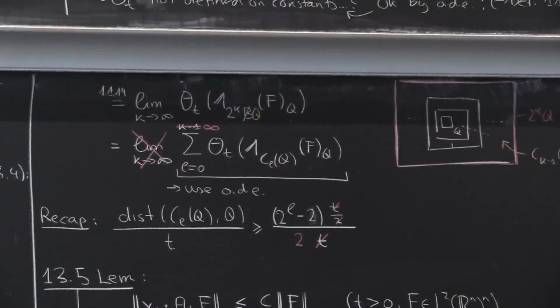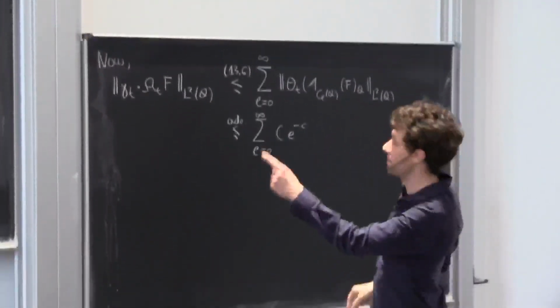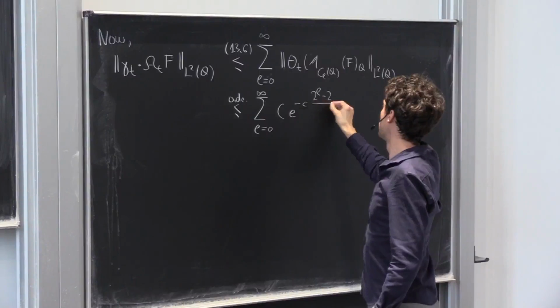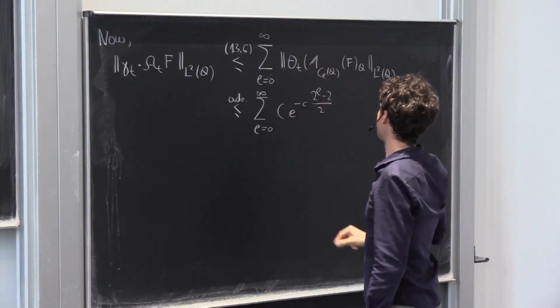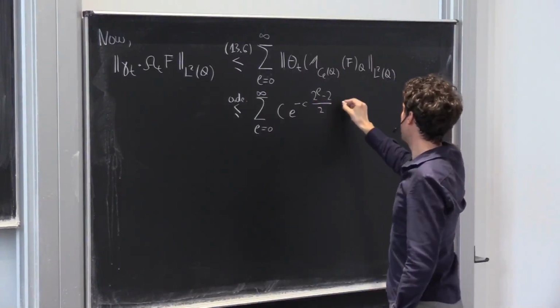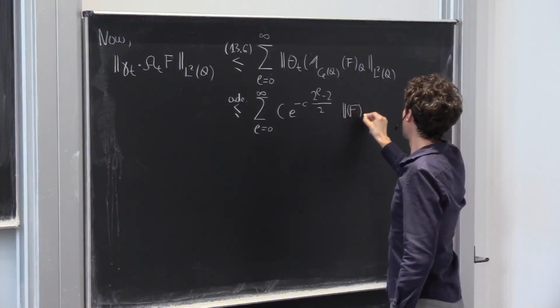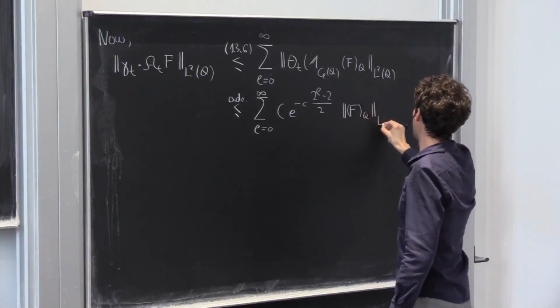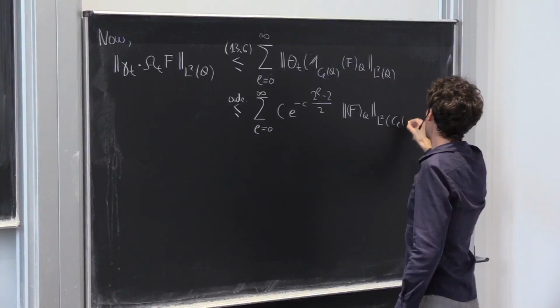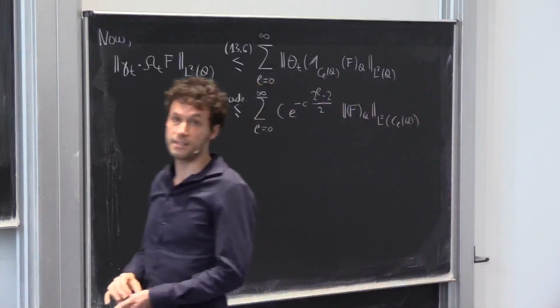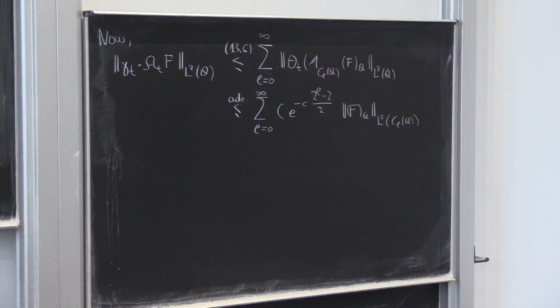So it's minus c times the distance, and the distance I'm already estimating like this, so it's 2^L minus 2 over 2. And then I get f average, the constant function on L2 of CLQ. Okay, that's off-diagonal estimates, that's how they work.